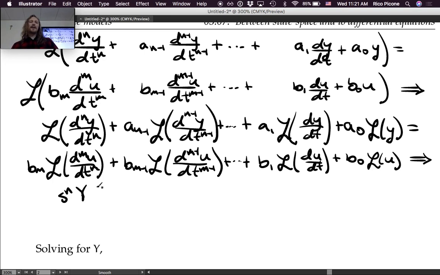And just because I don't want to keep writing s in every term, I'm just going to suppress that in the notation.